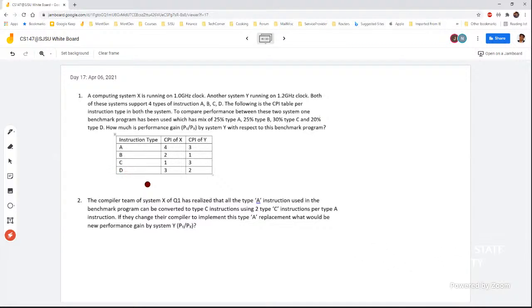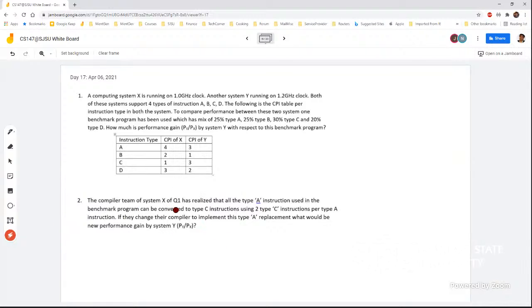Given that, you need to compute the performance gain, or at least the comparison between Y and X, and tell us which is slower, which is faster, and by how much. Then the second problem is related to the first one.